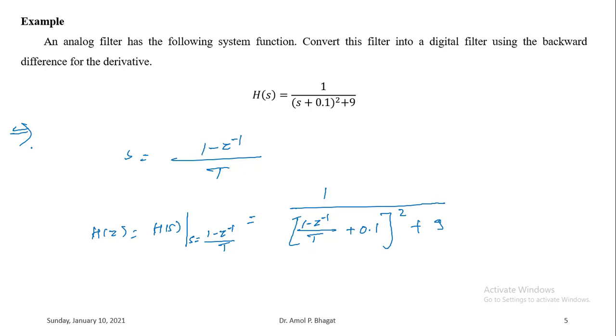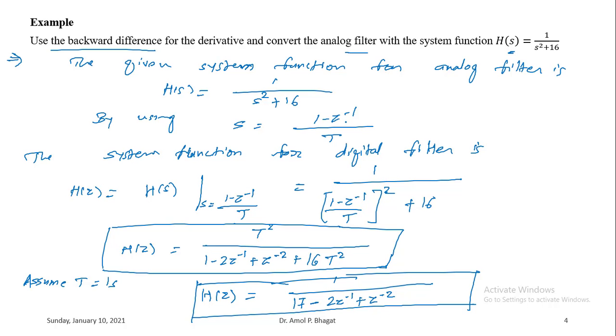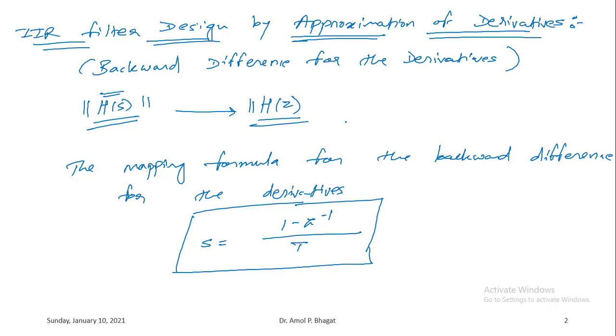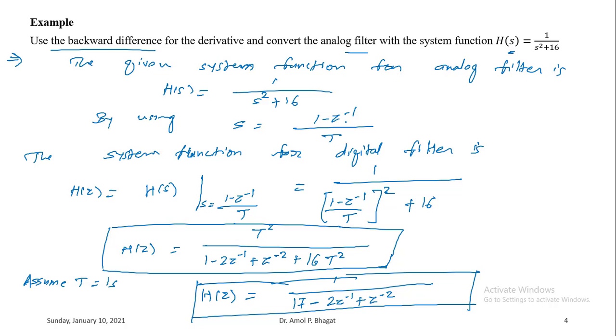This is how you will be identifying the digital filter system function from the given analog filter system function. So this process is called designing of IIR filter by using approximation of derivatives, or backward difference for the derivatives.